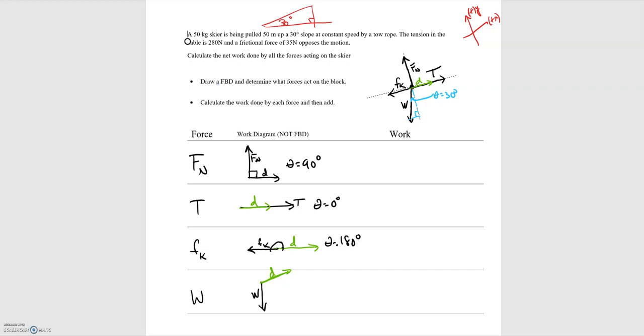So what we need to know, you can think of it, we've got the y-axis like that. Now we need to figure out what that angle is between D and W, so this whole angle. We know what this smaller one is. That's 30 degrees based off of our free body diagram.